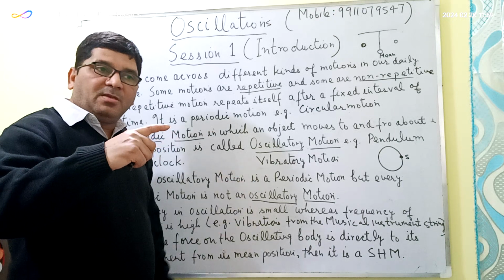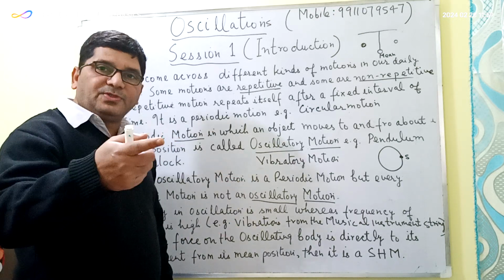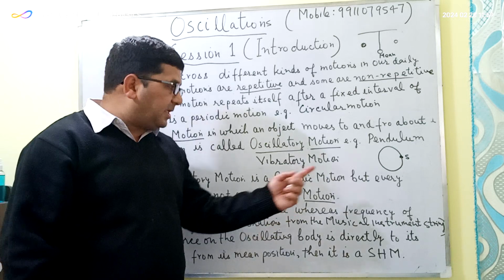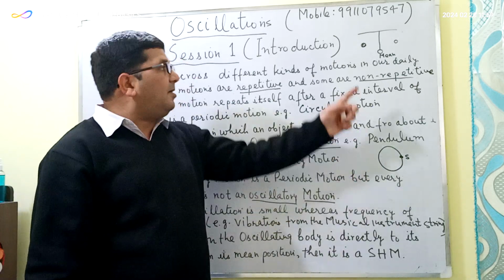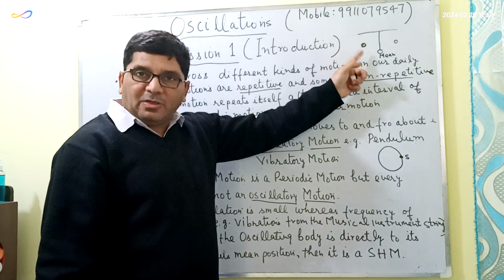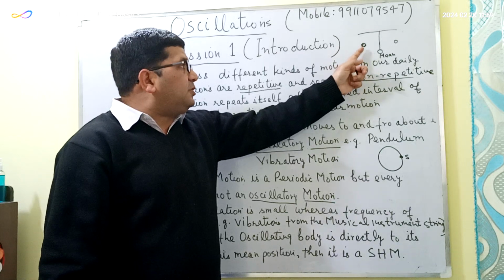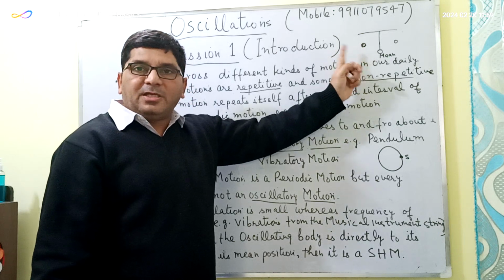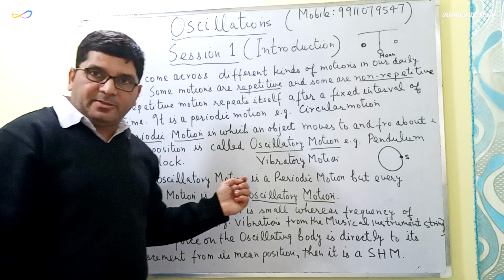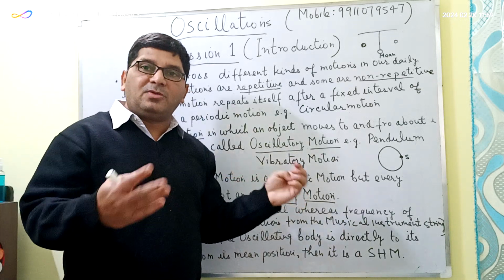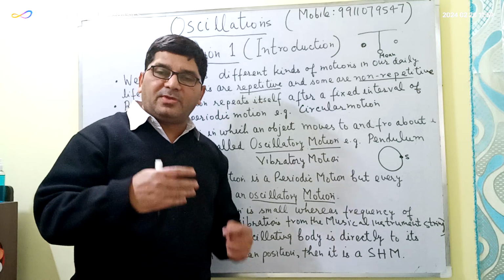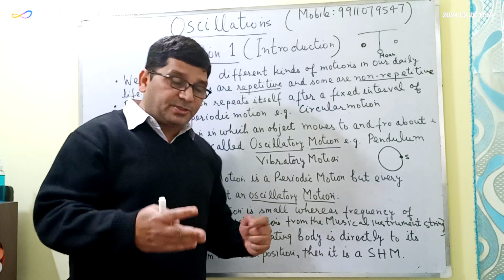The frequency of vibrations from the string of a musical instrument, say guitar, is high in comparison to the frequency of oscillation of this pendulum wall clock. Now this pendulum wall clock is performing an oscillatory motion, and the strings of a musical instrument are giving us a vibratory motion.